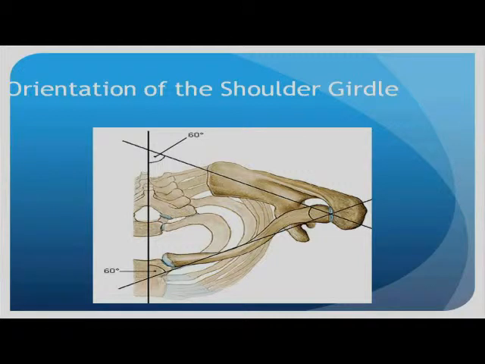It's not in a coronal plane. The acromial end is much further posterior than the sternal end. So between the two of them, they sort of wrap around the lateral aspect of the rib cage to anchor the upper extremity to the axial skeleton. But I think it's important to remember those relationships, because we have this tendency to think about them both being in a coronal plane, which is obviously going to be physically impossible for them to articulate and do that.